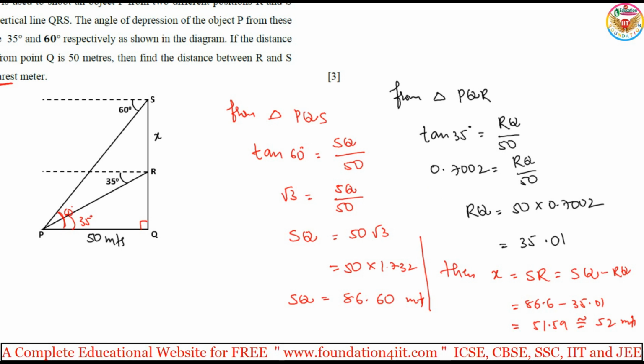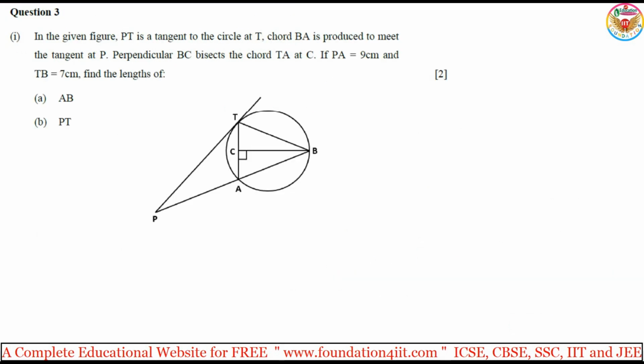Okay, this is our question number 2. Let us see question number 3 now. In this question number 3, the first one is about the tangent topic. In the given figure, PT is a tangent to the circle at T. Chord BA is produced to meet the tangent at P and perpendicular BC bisects the chord TA. That means TC and CA are both equal.